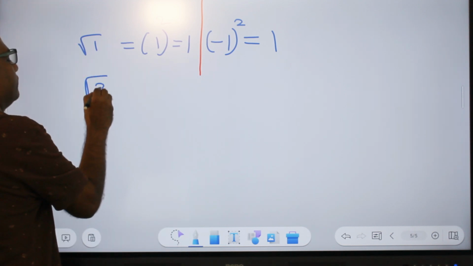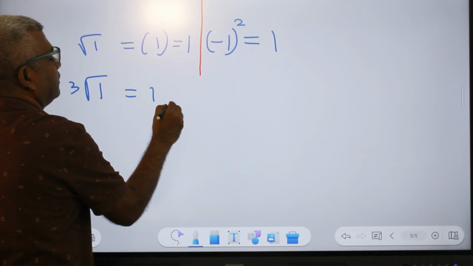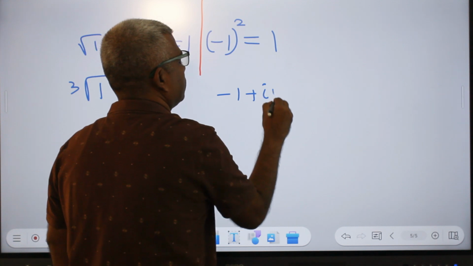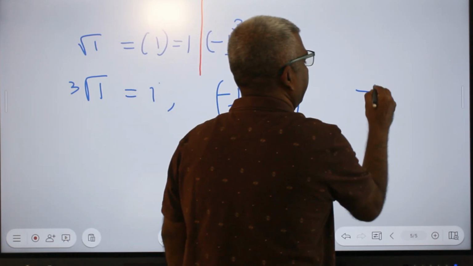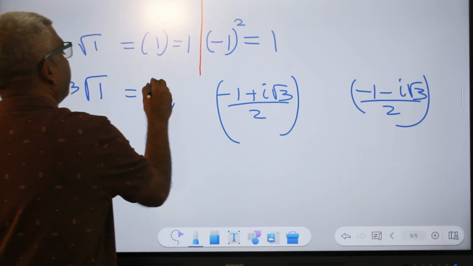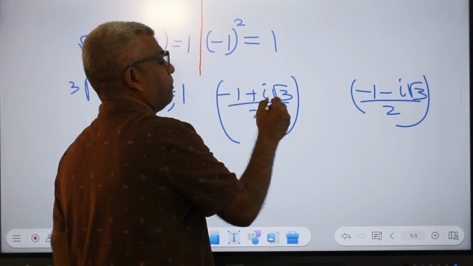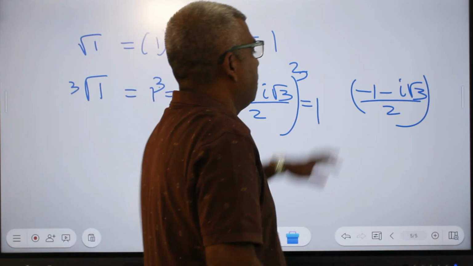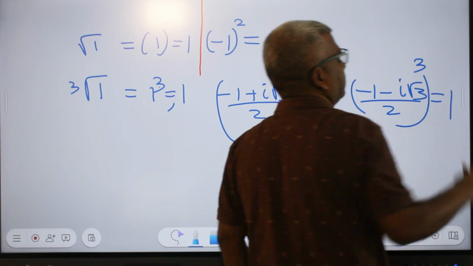Cube root of 1: 1, minus 1 plus i root 3 by 2, then minus 1 minus i root 3 by 2. Cube root means you have to cube it. 1 cube is 1 only. Minus 1 plus i root 3 by 2 cube will become 1, you can check it out. Minus 1 minus i root 3 by 2 cube is 1.